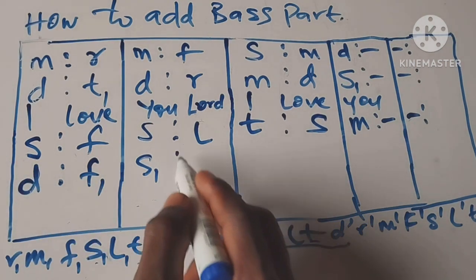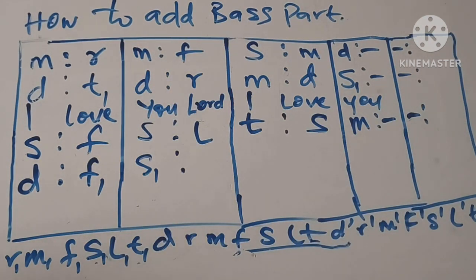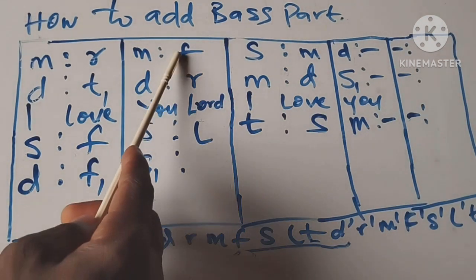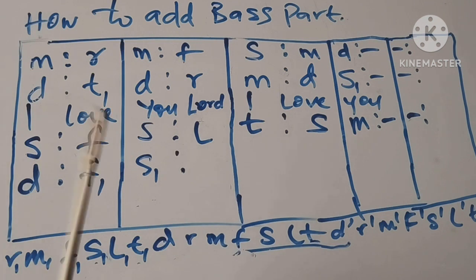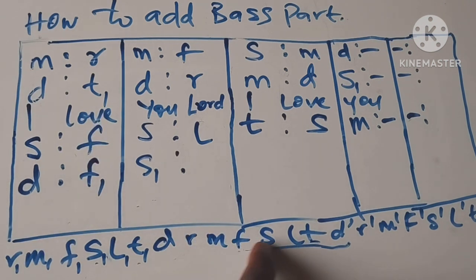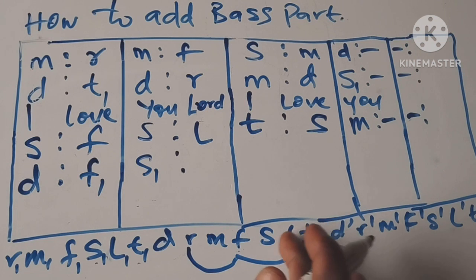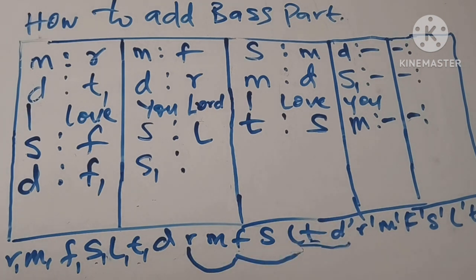So for me to add this here, this is Fa, Re, La, and the chord that have Fa, Re, La is Re, Fa, La. If you studied chord with us, you understand this. This is Re, Fa, La, and this Re, Fa, La is Re chord.